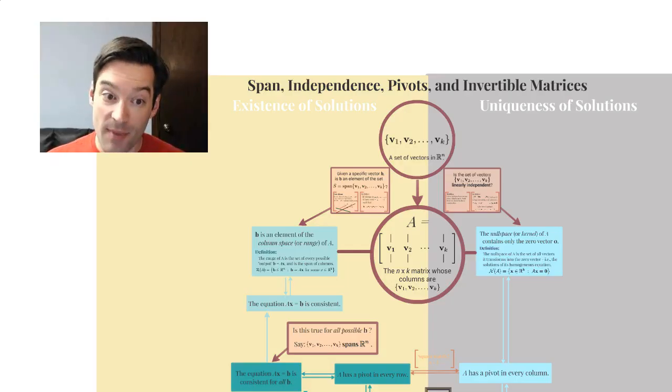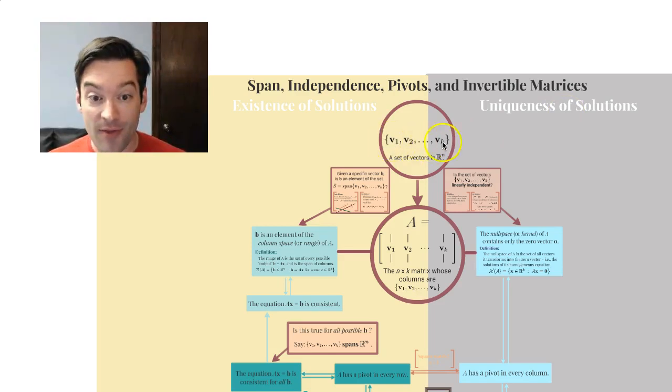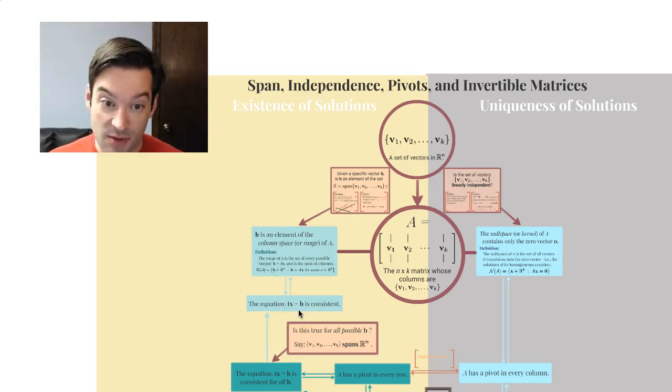So that gives us the basics of how questions about existence and uniqueness of solutions to an associated linear equation are exactly how we answer questions about the span of a set of vectors and the linear independence of a set of vectors. To answer questions about the span, what we really need to do is answer questions about the range or the column space of the matrix that has those vectors as its columns, because it's that set that tells me about the consistency, the existence of solutions of the associated linear equation.